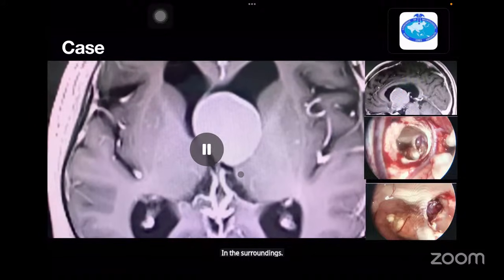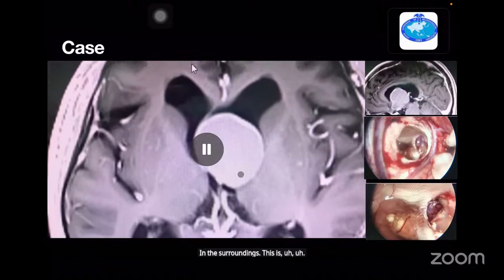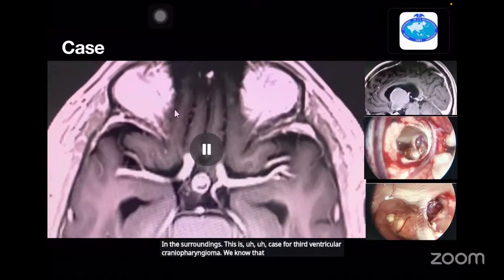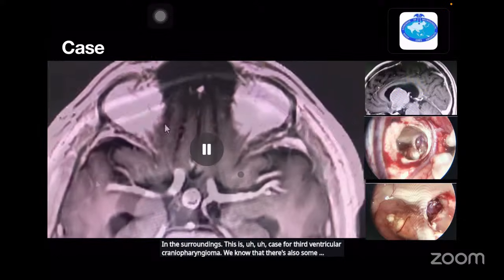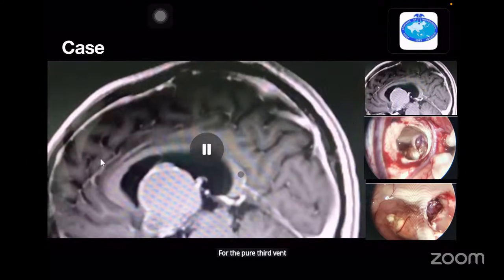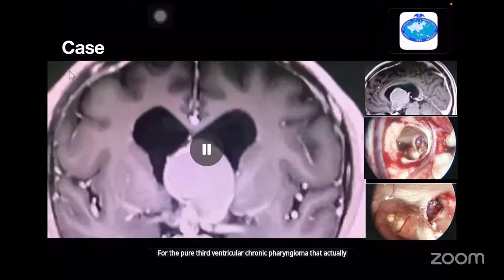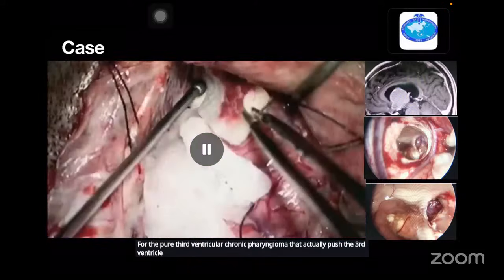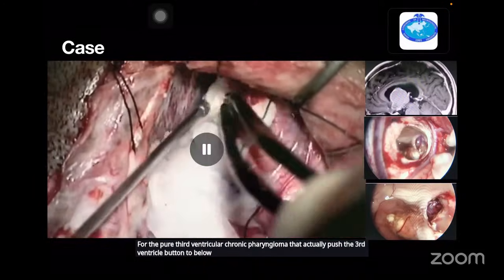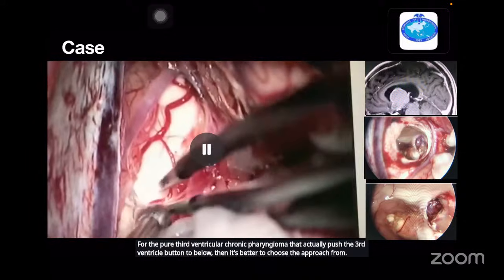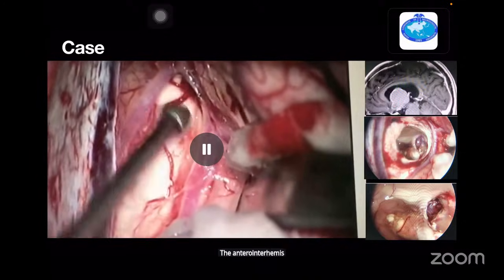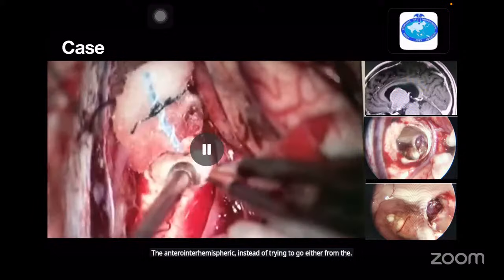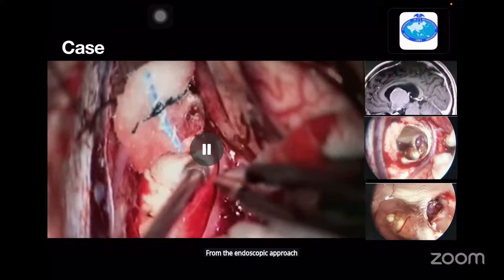This is a case of third ventricular craniopharyngioma. We know that there is also some guideline for the pure third ventricular craniopharyngioma that pushes the third ventricle bottom downward, then it's better to choose the anterior interhemispheric approach instead of trying to go either from the endoscopic approach or from the lateral approach.